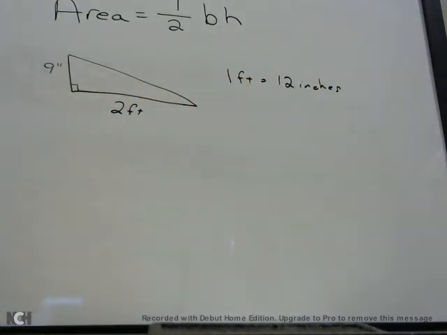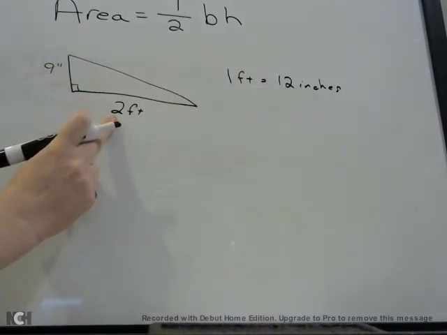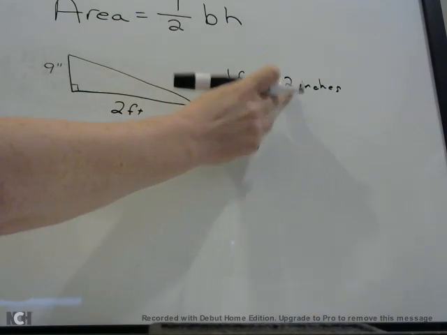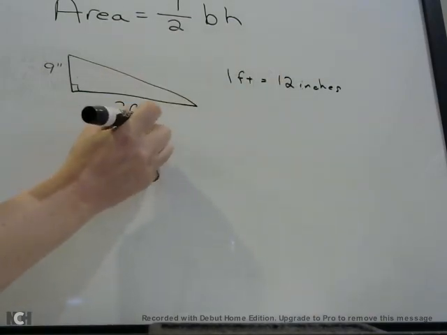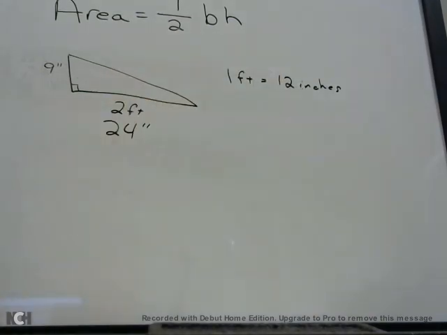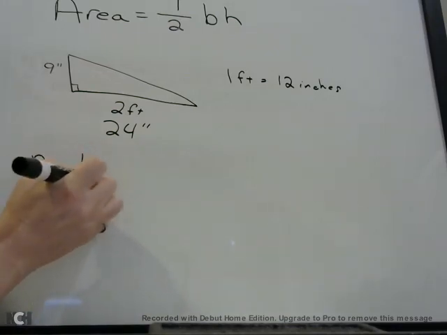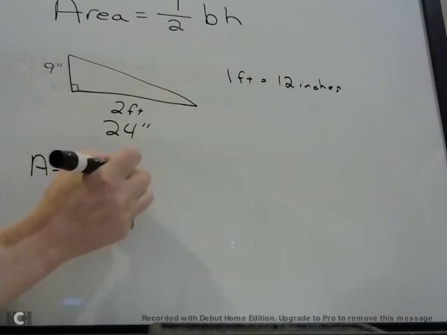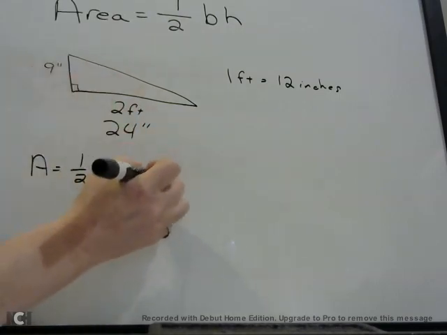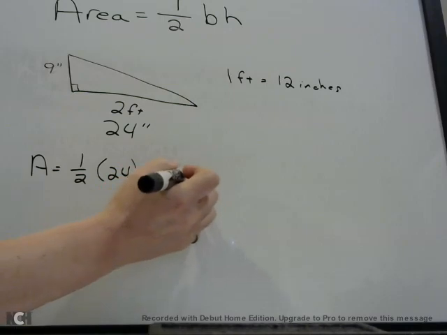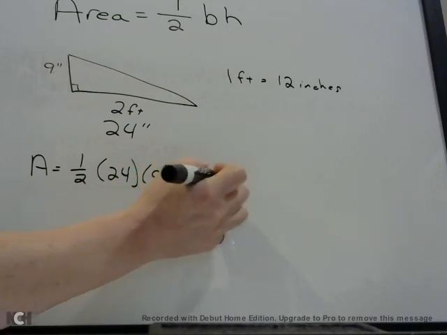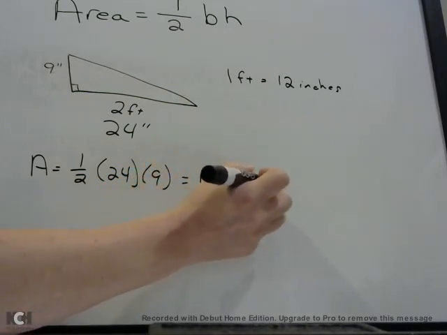You should also know, by the way, that 1 yard is 3 feet, so know that as well. But for this problem, 1 foot equals 12 inches, so 2 feet is how many inches? 2 times 12, so this is 24 inches. So now we can do the problem where area equals 1/2 times base, 24, times height, 9. If you plug that in your calculator, you're going to get 108 inches squared.